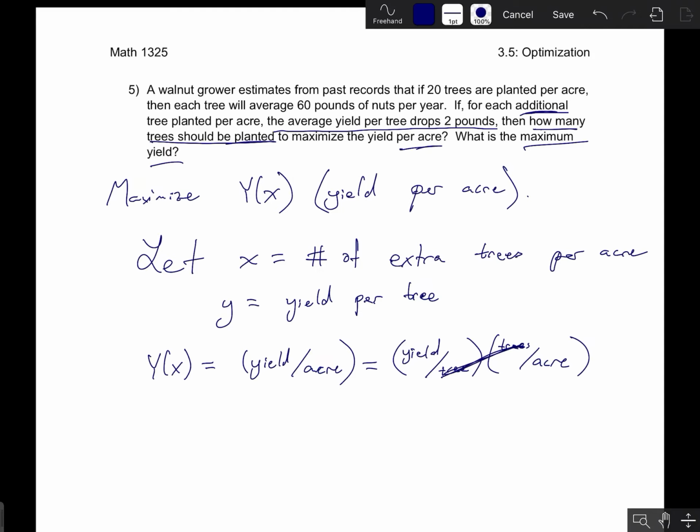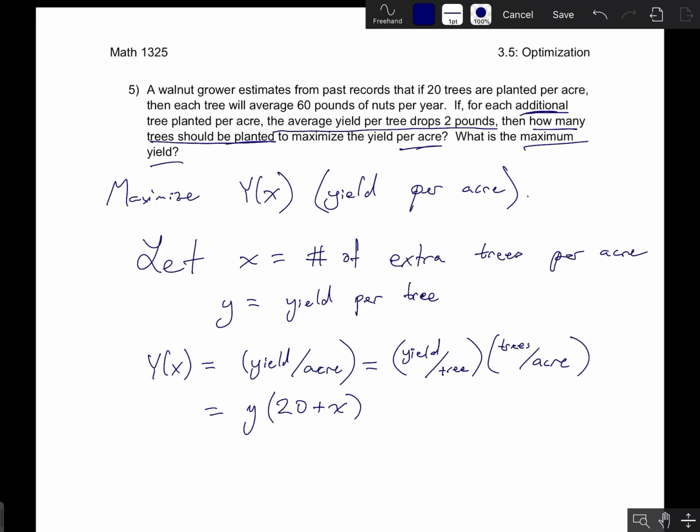If you want to think about this in terms of dimensional analysis, we're just canceling the trees here, and we're getting the yield per acre. Okay, so yield per tree I called Y, and the number of trees per acre would be 20, because that was our baseline number of trees, plus X, the number of extra trees that we plant.